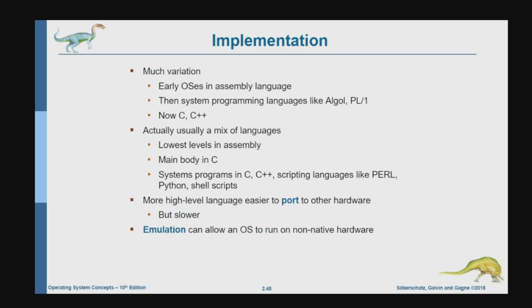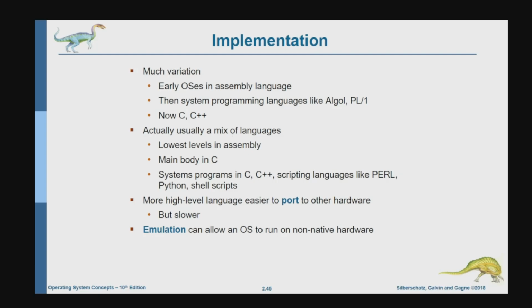You can identify the earlier operating systems that have existed in the world. Then system programming languages like Algol, PL/1, and now we have C and C++. So this one is the earliest during those times, and this is the current one, and might be in the future we will have a new language.